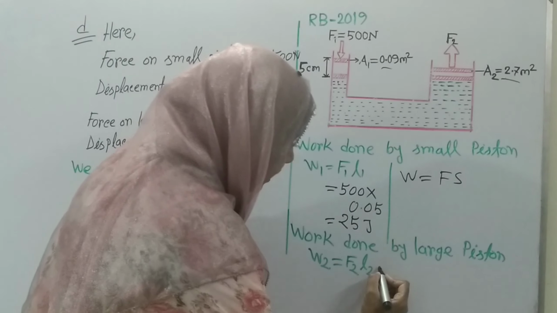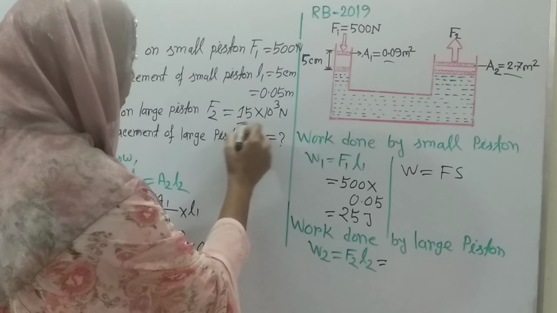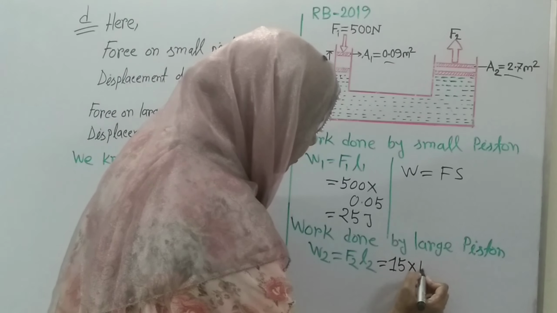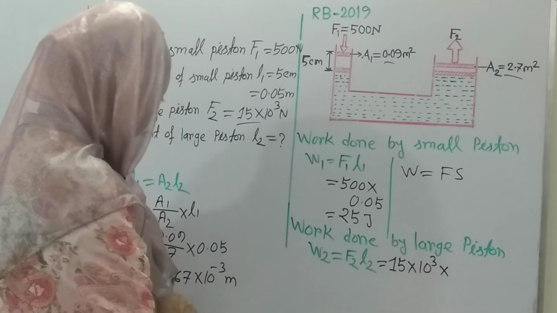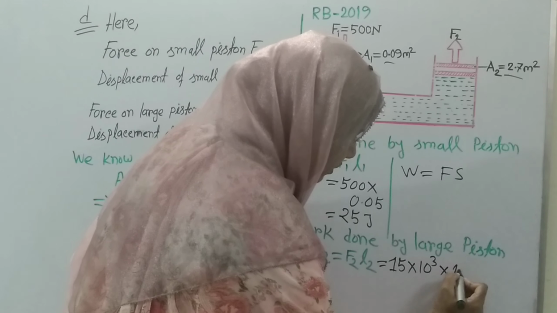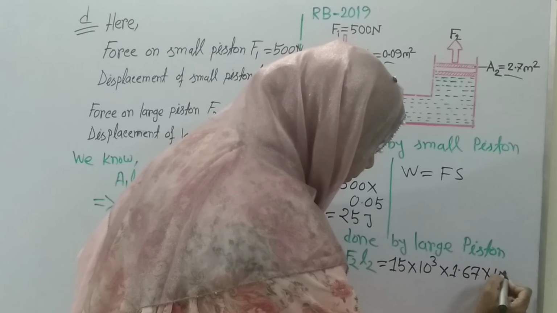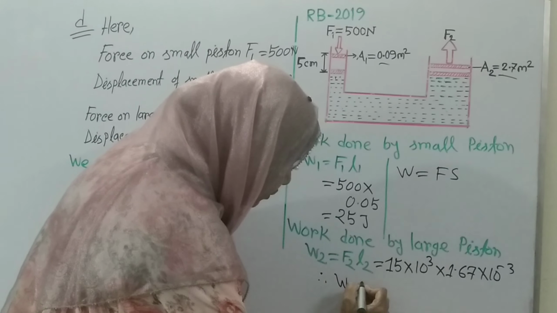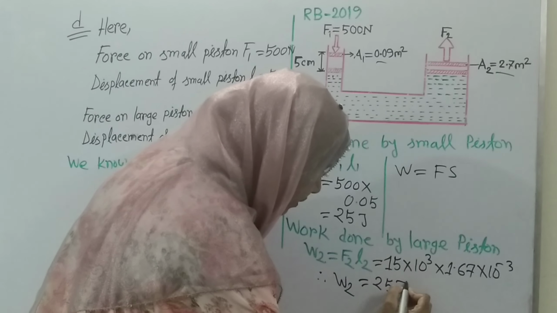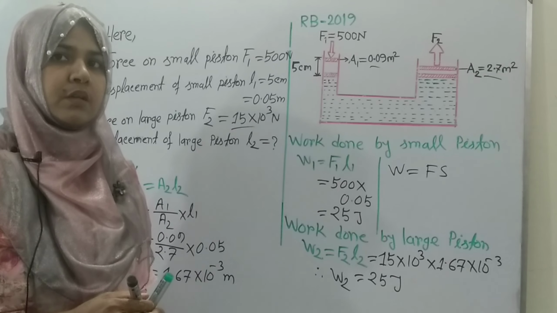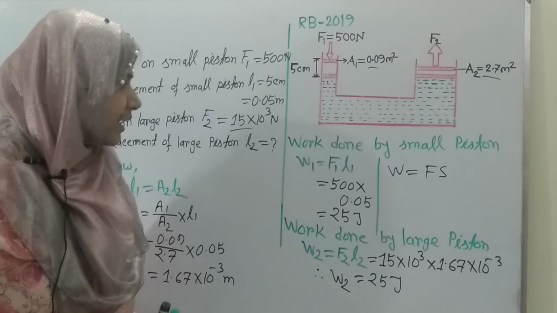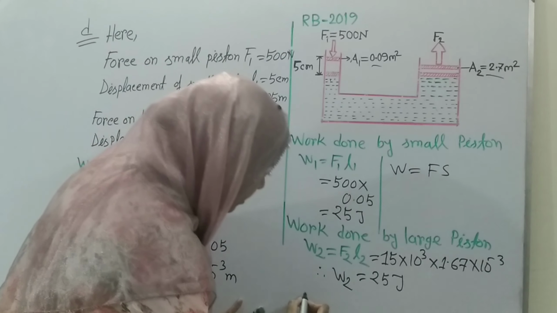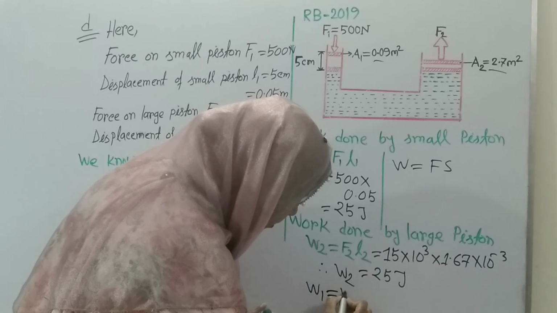Now as the value of F2 is 15 into 10 to the power 3 and the value of L2 is 1.67 into 10 to the power minus 3. So after calculating it, you will get the answer W2 is also 25 joule. So we can say that the work done by both pistons is equal. That means W1 equals W2.